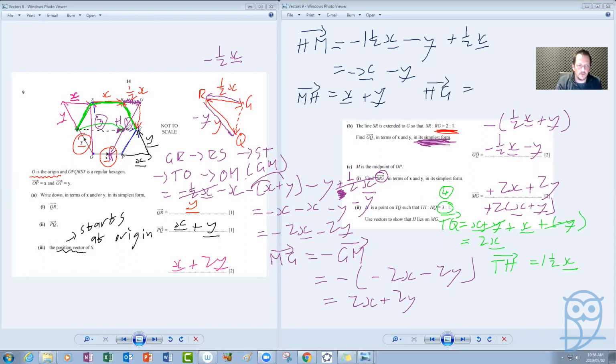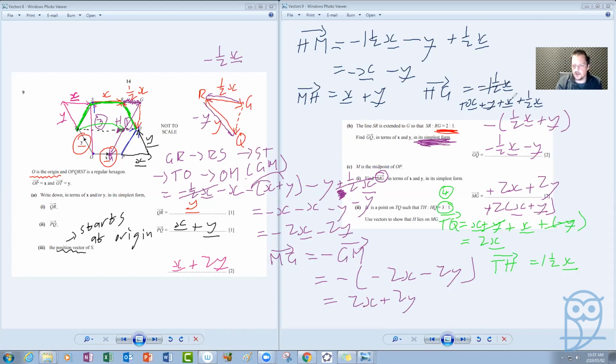Well, H to G, we're going to go back 1.5, so it's minus 1.5x. We're going to go up there, which was plus x plus y, so plus y plus x. And then we're going to go plus x plus a half x. So once again, minus 1.5x plus y plus x plus a half x.